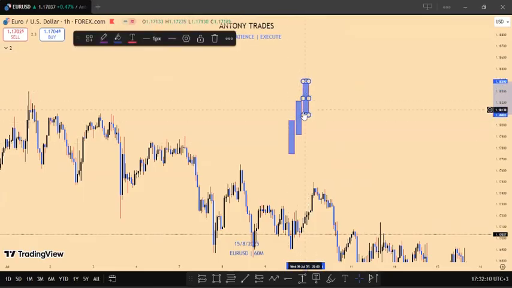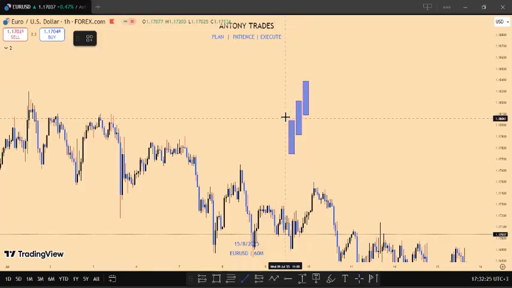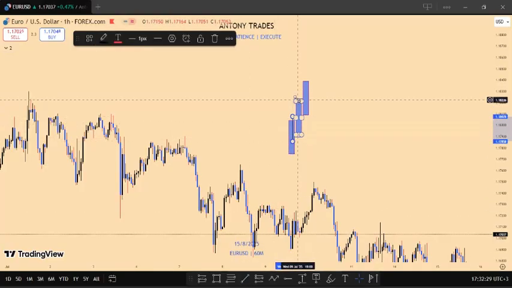This is what I mean when I say three consecutive candles that are closing above each other. And when we talk about closing above each other, it must close above the previous wick. If this is my wick, the body of this candle should close above the previous candle's wick like this.